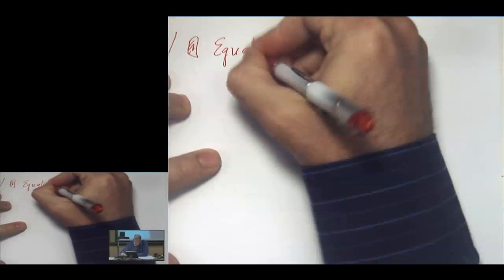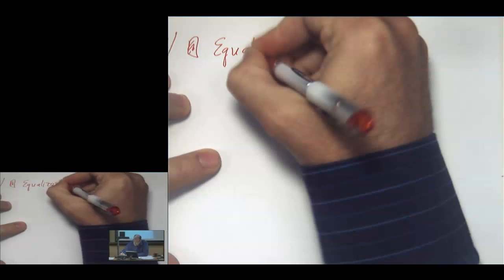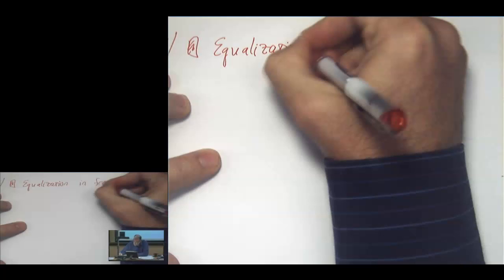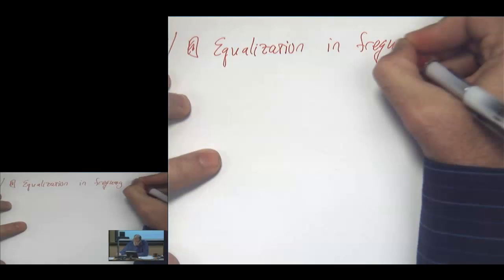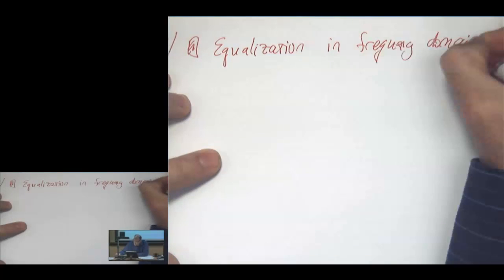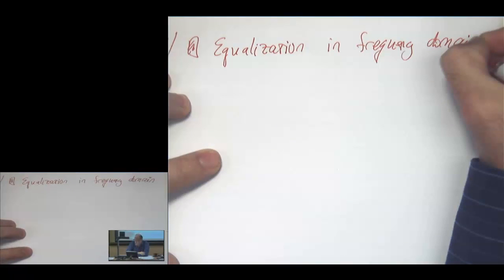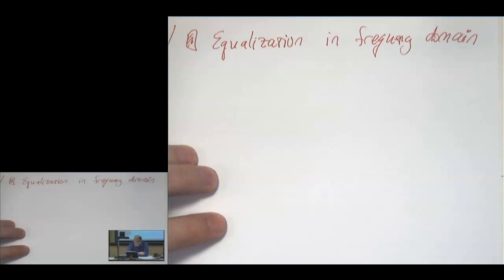So let's see, 8, 9. This is equalization in the frequency domain. And this is important because most of the commercial systems that we're using often, 4G, 802.11n, 802.11ac, all equalize in the frequency domain.